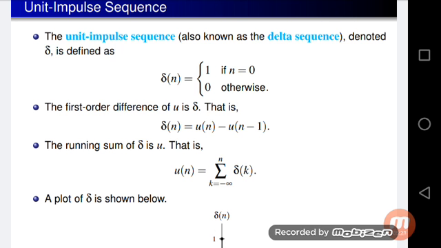Here delta is defined as delta of n equal to 1 if n equal to 0 and 0 otherwise. The first order differential of u is delta, that is delta of n equal to u of n minus 1.